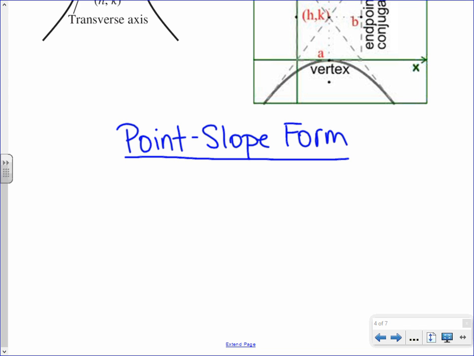Point slope form, do you remember it? It's y minus y1 equals m times x minus x1.